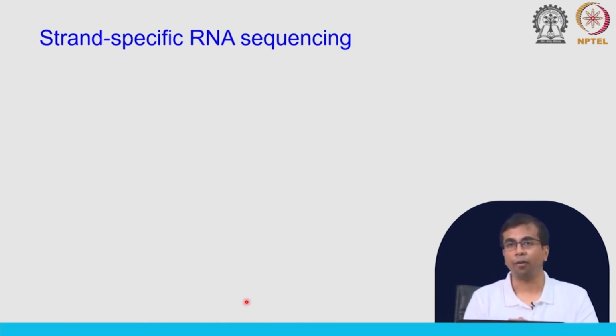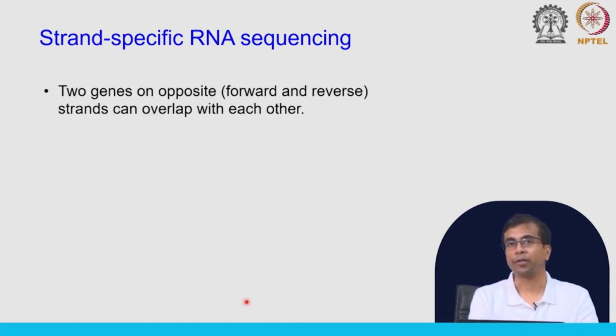You have the genome and two genes are on two different strands, but they still overlap. These two genes on opposite strands overlap with each other, and they will produce mRNA that will be processed, and then you do the RNA sequencing. After the sequencing, you get some reads, and they map to these overlapping regions.